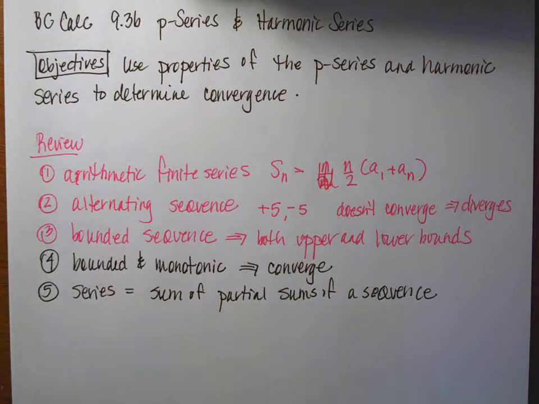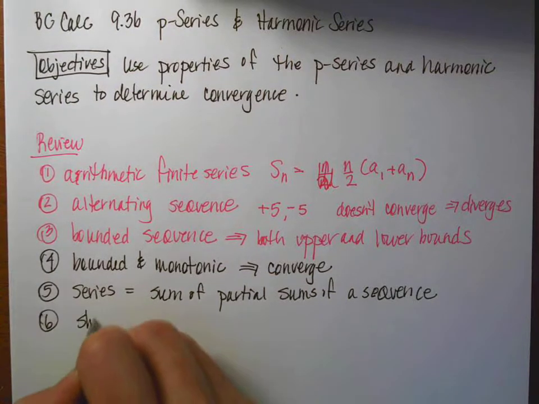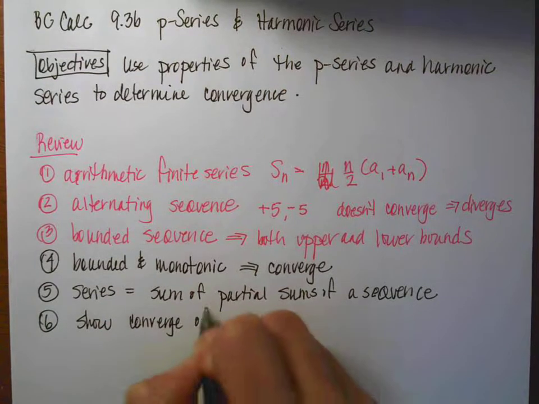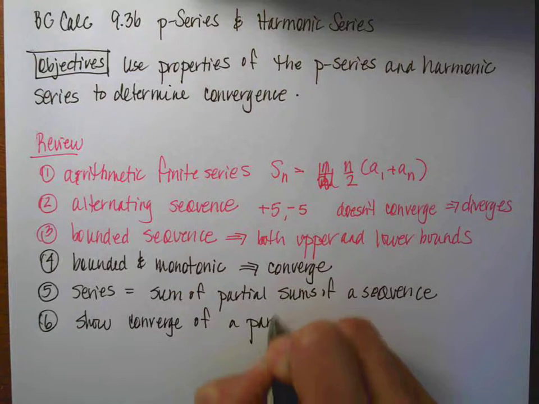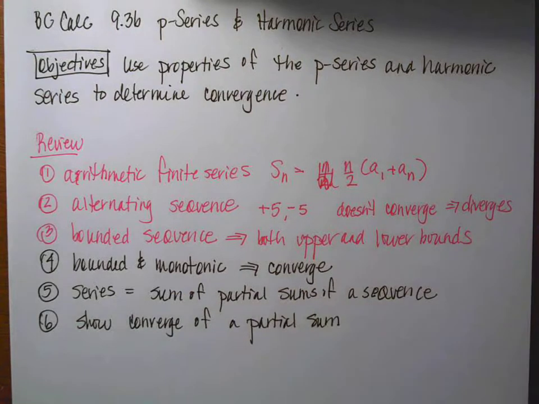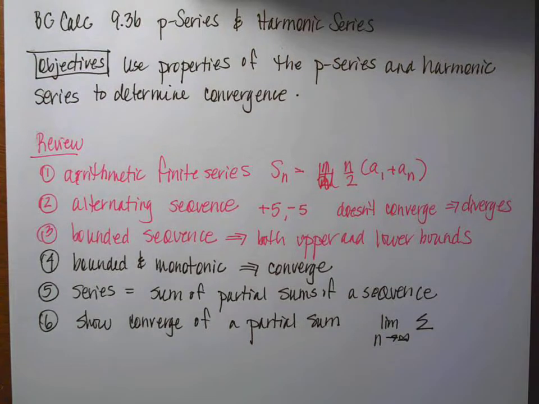If I want to show convergence of a partial sum, then I'm going to take the limit as n approaches infinity of my summation, and that would allow me to show convergence.